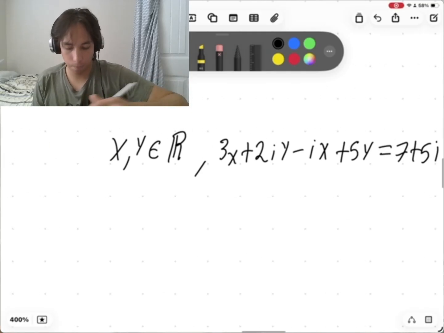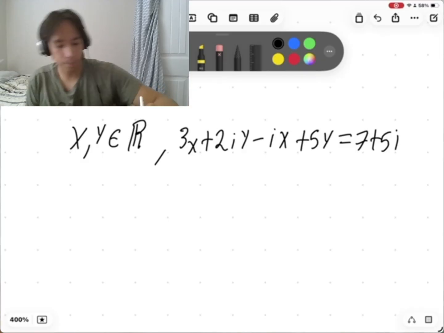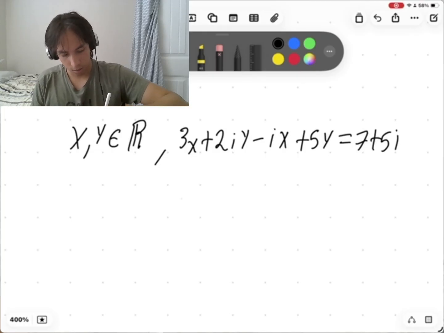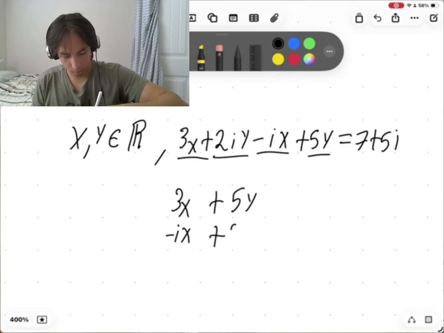From here we can separate the real part from the imaginary parts. So we get 3x plus 5y, boom, and you get negative ix plus 2iy equals 7 and 5i.